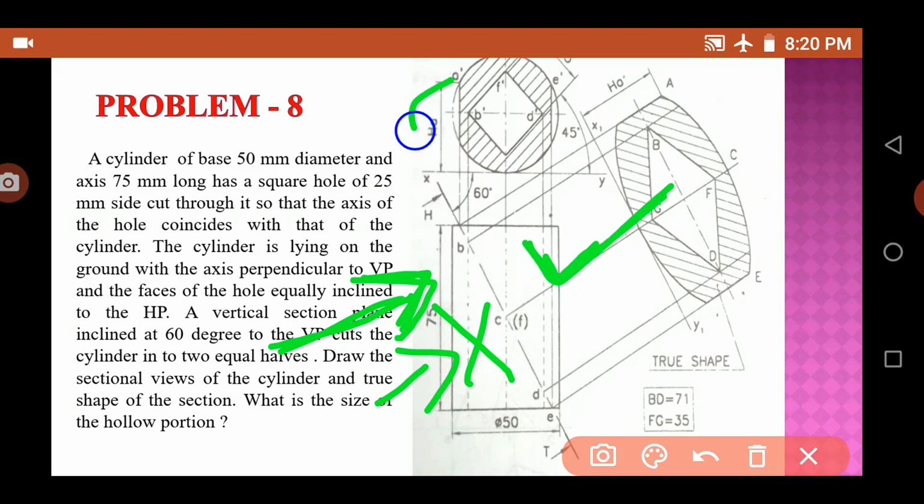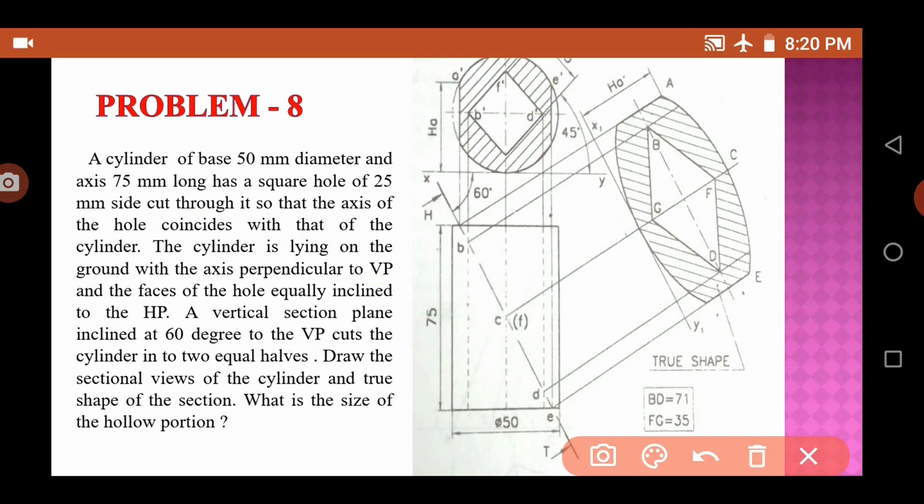So that is why it is given as dotted lines and dashed lines here. Dotted lines represent that this portion is removed. And here it is a solid line, that means this portion is there.